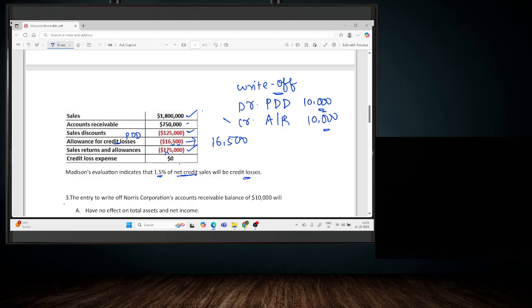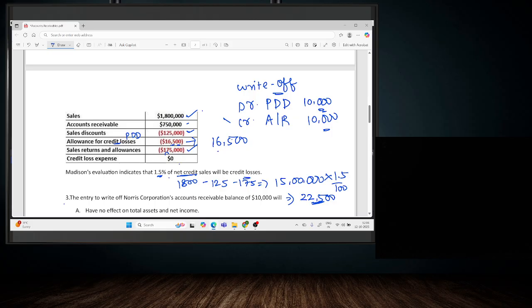So what is the net credit sales? 18 lakh minus 1,25,000 minus 1,75,000. We get 15 lakh as the net credit sales. On this net credit sales, we are expecting 1.5% as bad debt. So how much do we get? 1.5% of 15 lakh, we get 22,500 rupees, right? So this 22,500 rupees should be added to this 16,500, right?